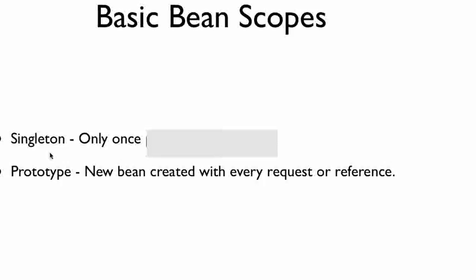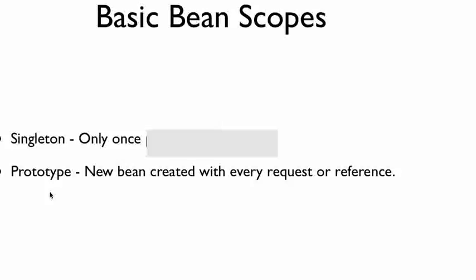It doesn't create a new initialization for a getBean or a reference. But in the case of a prototype, when the context is being initialized, the bean does not get created. It gets created for every reference to a getBean or for every reference of an object that is dependent on this object.